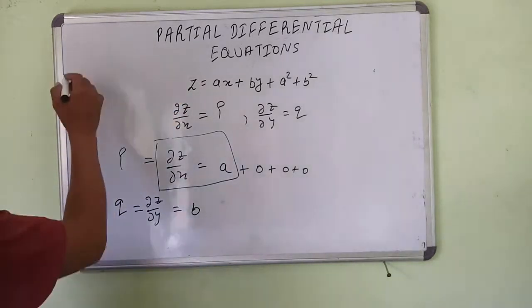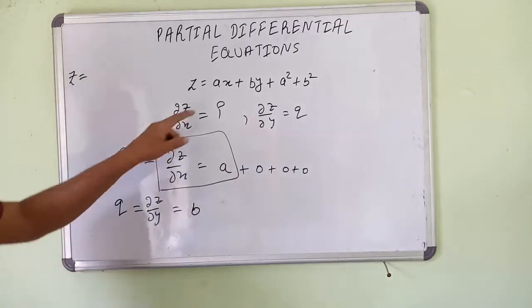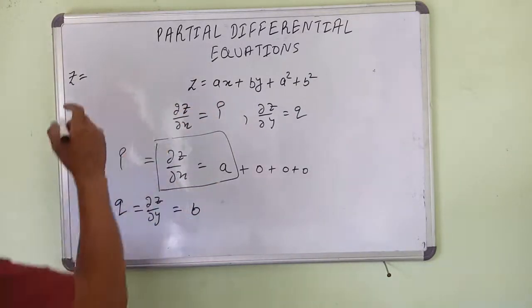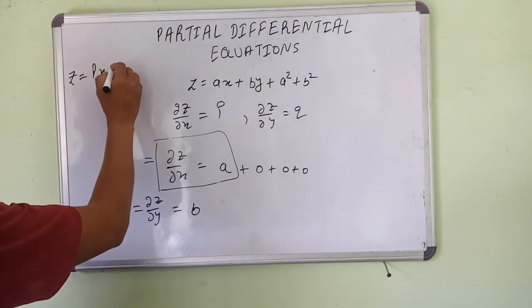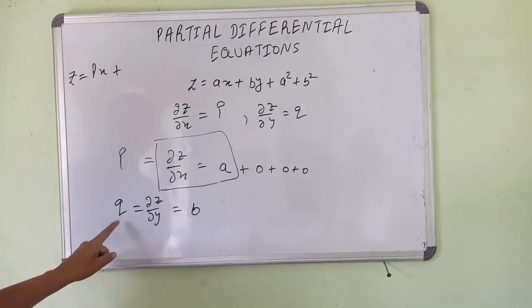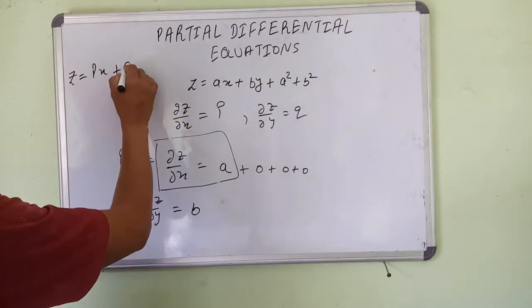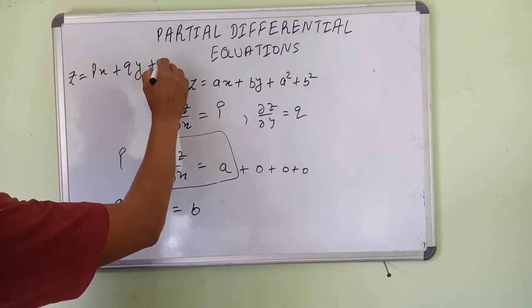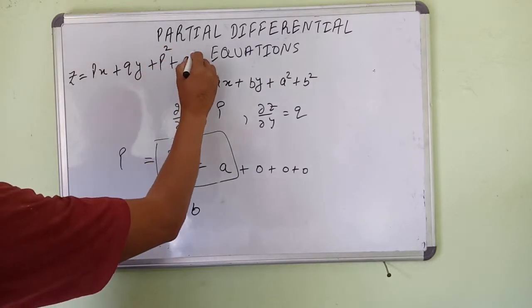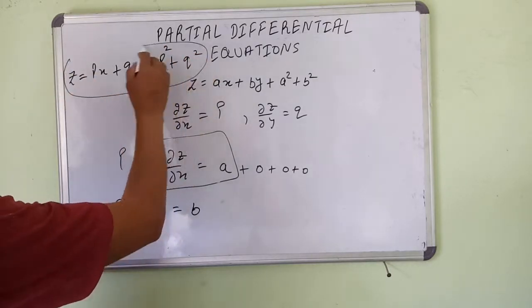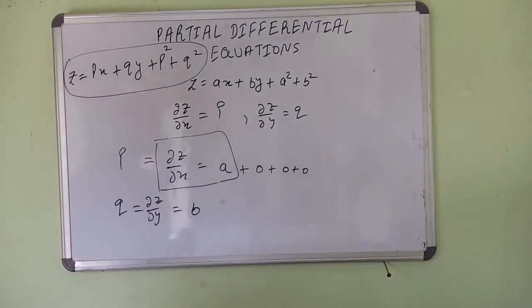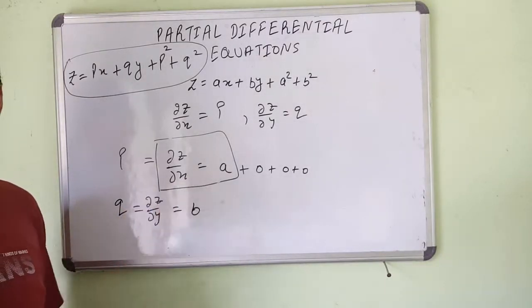So z is equal to a, so p multiplied by x, px, plus b is q, y, plus a square plus b square, which is p square plus q square. So this is our partial differential equation, which is formed by partial derivatives.